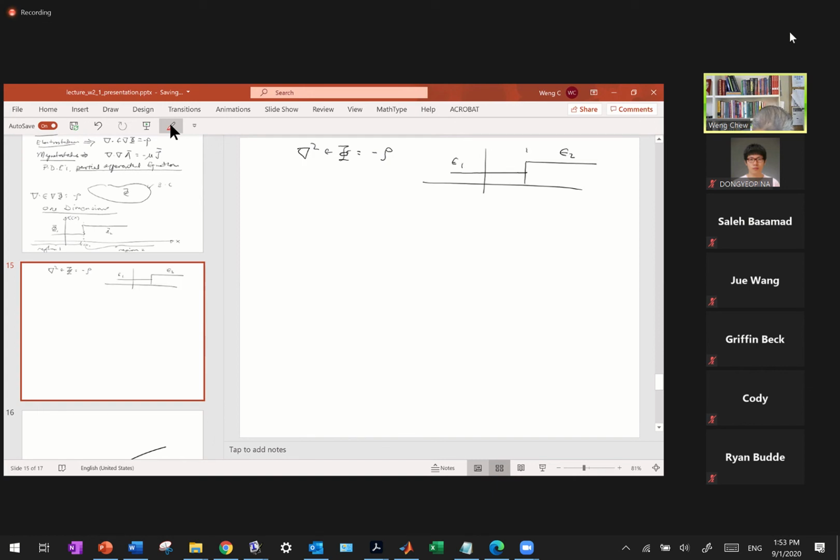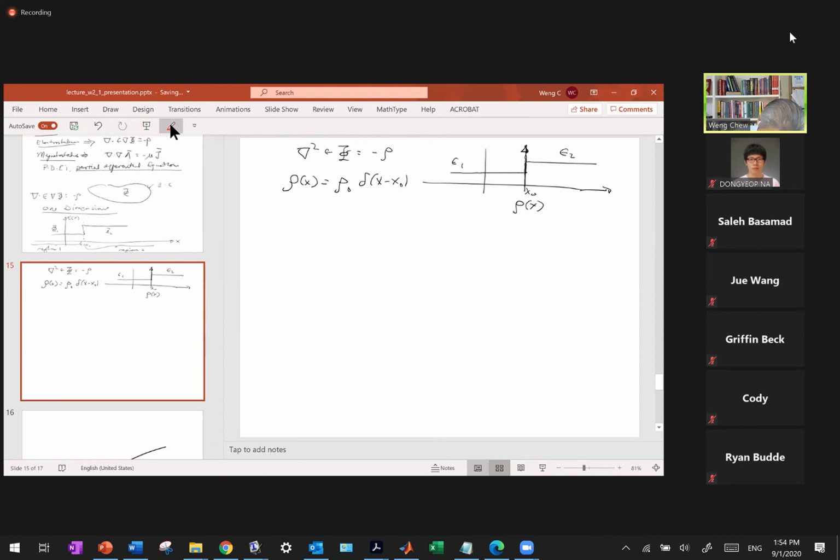Let's assume that we have a charge rho as a function of x, which is a delta function in x. At the position x equal to x naught, there's a delta function here. This represents a surface charge density.